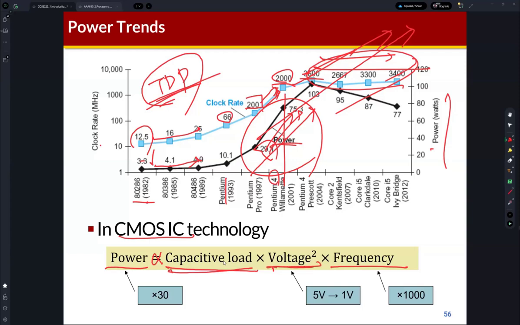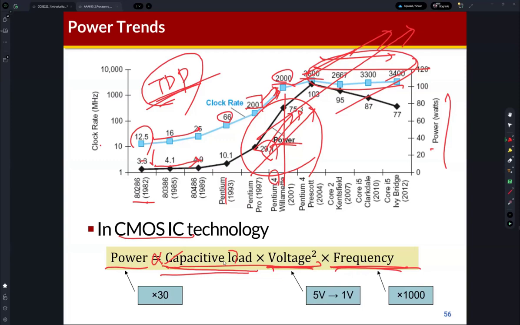Capacitive load, the supply voltage, and then frequency. As I mentioned, it is related to the hardware design, right? The hardware consumes the electric power, so the power is proportional to the capacitive load, the supply voltage squared, and the frequency.